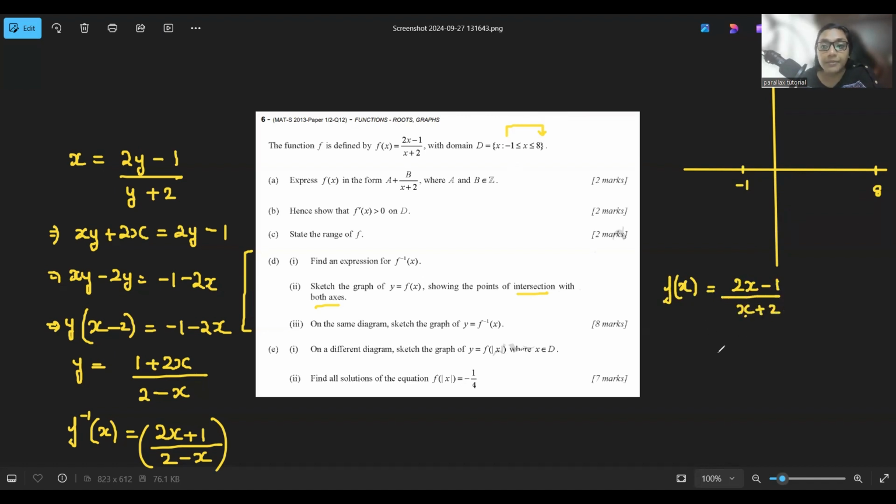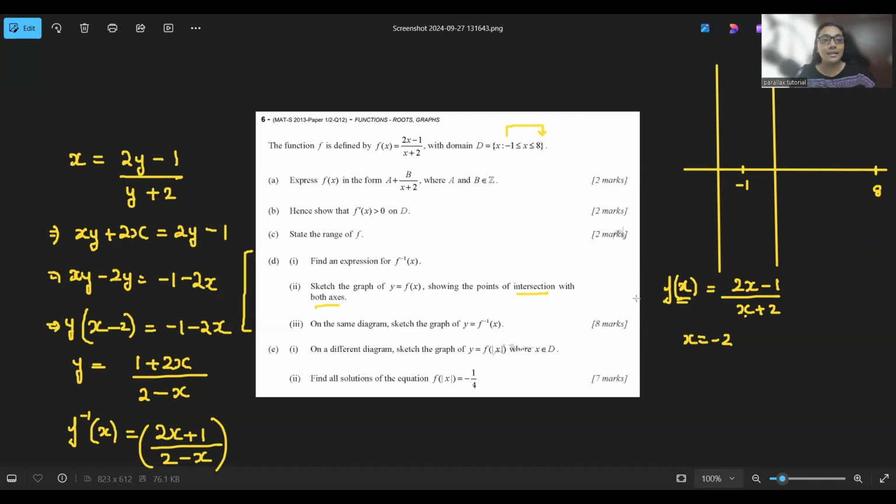Clearly, if we put the x value as negative 2, then the function will not exist. Although it is not part of the domain, but just in case the domain was not given to you, you should know that at x is equal to minus 2, that is this line which I have drawn, the function is not defined. So it is a vertical asymptote for the function.